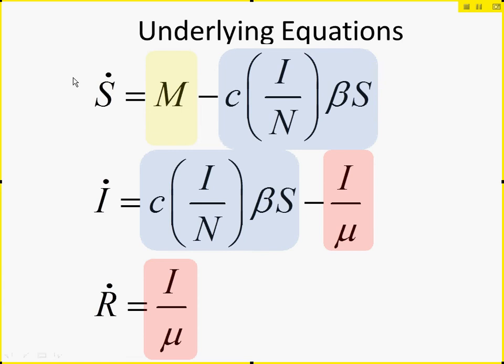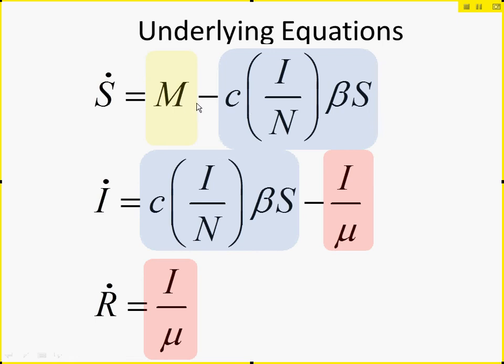So we can write this equation in this form, and fundamentally we're describing how S's rate of change, or I's rate of change, or R's rate of change, depends on the state variables of the system.